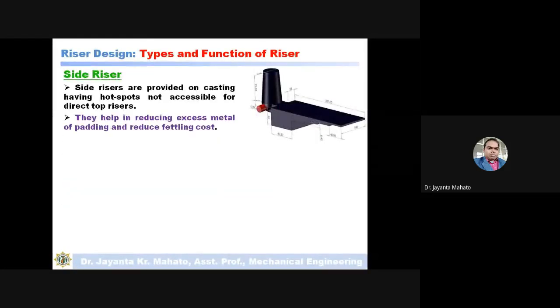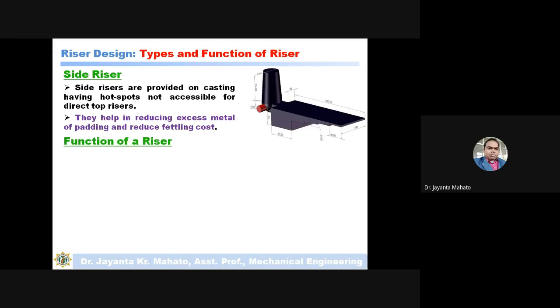In this case, the hot material is accessed through the side, not directly through the top. They help in reducing the excess material of padding and reducing the padding cost.